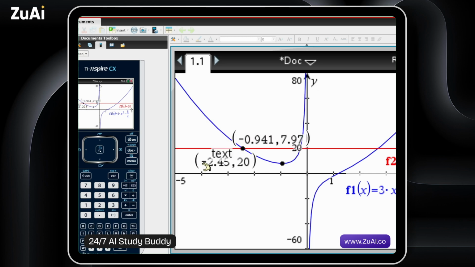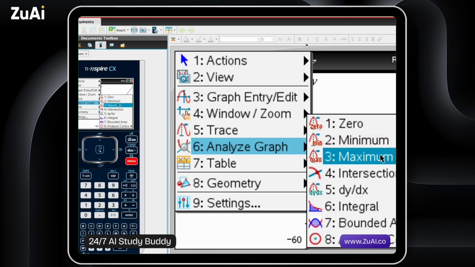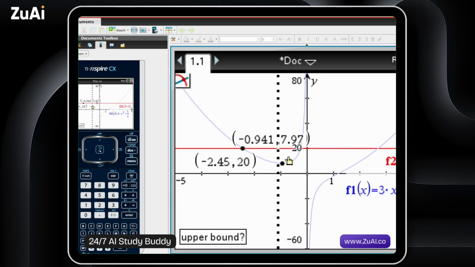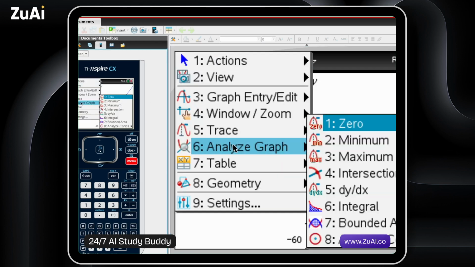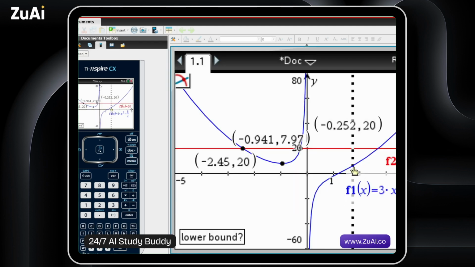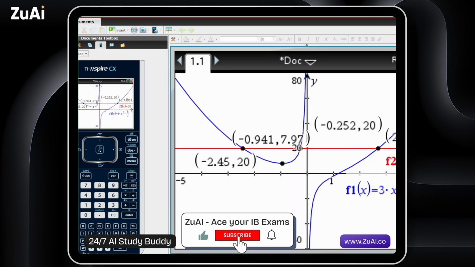The next one, analyze graph intersection, there's another one here, negative 0.252, and one more intersection point over here, which is equal to 2.7.